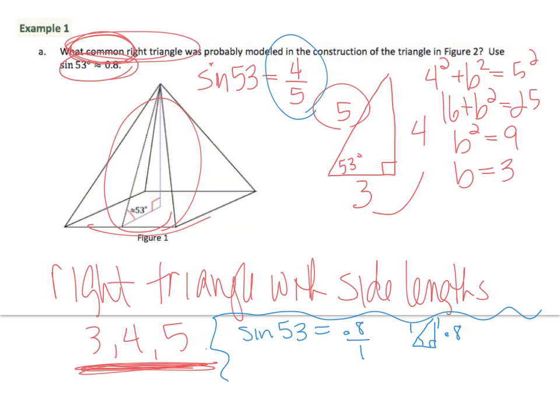So the Pythagorean theorem would give me 0.8 squared plus b squared equals 1. So 0.64. b squared equals 0.36. b equals 0.6, sorry.